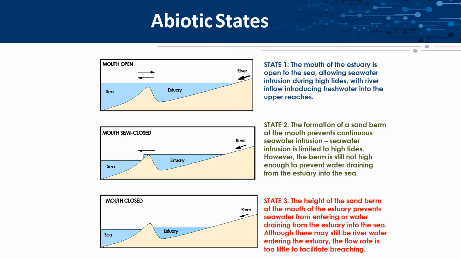The first one is when the estuary mouth is open and there's significant river inflow into the system and we've got good tidal exchange. The second state, we've got the sandbar at the mouth starting to develop, preventing significant tidal intrusion, with mostly river water coming into the system and flowing out to sea. And then finally, if the flow decreases even further, the estuary mouth closes and we don't have much input from the sea.